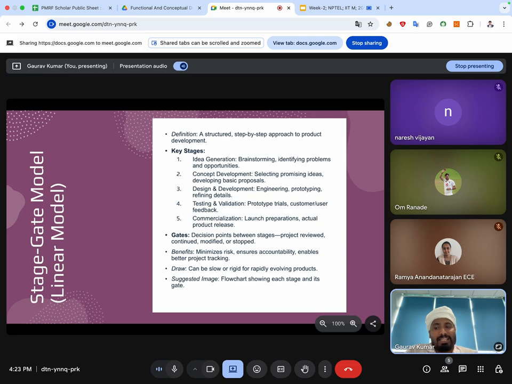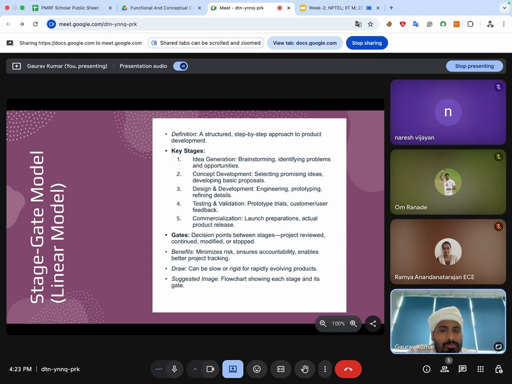So what is stage gate? It's a step by step linear model where you move from one stage to another after getting a green signal at each gate. So stages and gates.